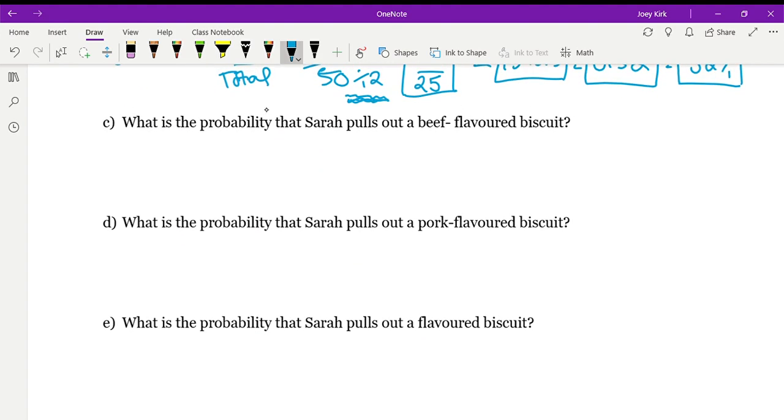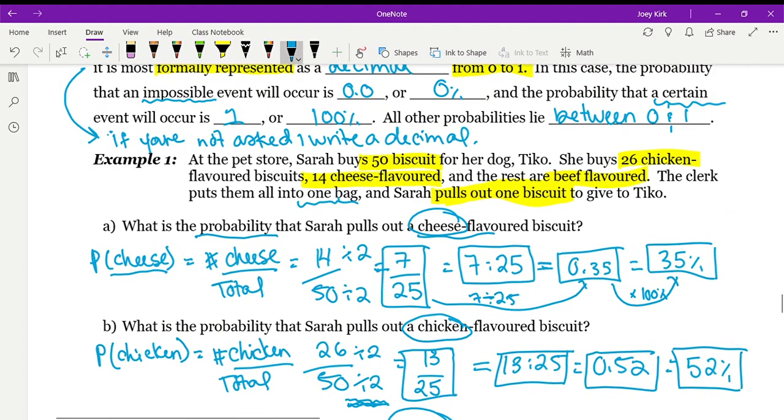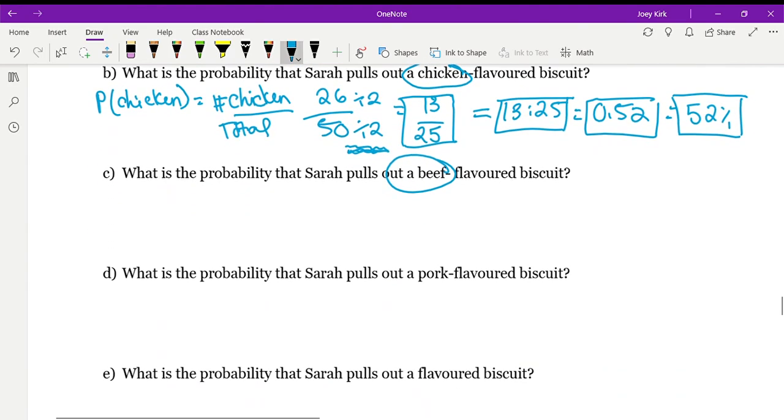What is the probability that Sarah pulls out a beef-flavored biscuit? Now, they didn't specifically tell us, they told us 26 chicken and 14 cheese. They didn't tell us how many beef-flavored biscuits. They just said the rest are beef flavored, okay? So we have to figure out exactly how many beef-flavored biscuits we have.